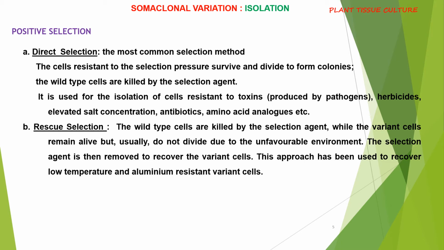Here, after the selection is done, the selection agents are removed to recover these somaclones or variant cells, and they are then grown under normal media. This approach has been successful in recovering low temperature and aluminum resistant variant lines or somaclones.